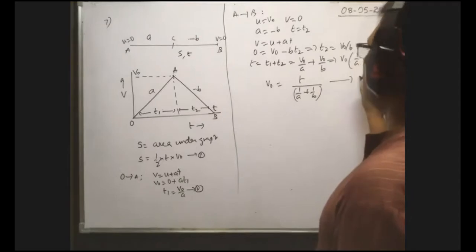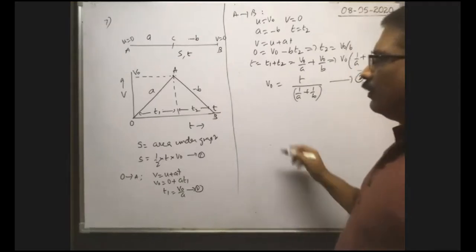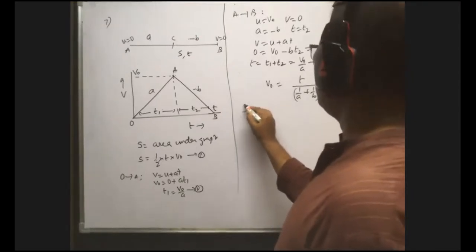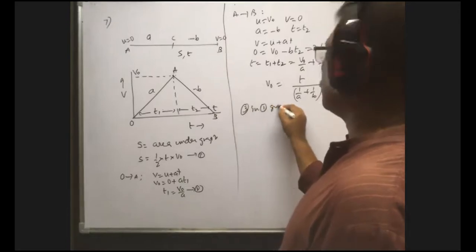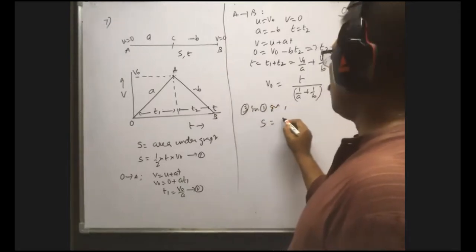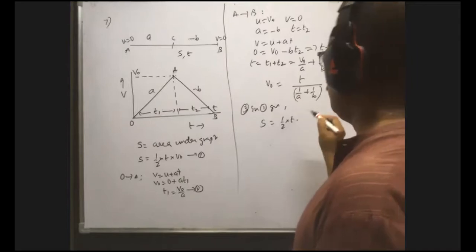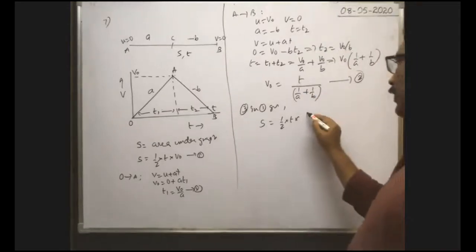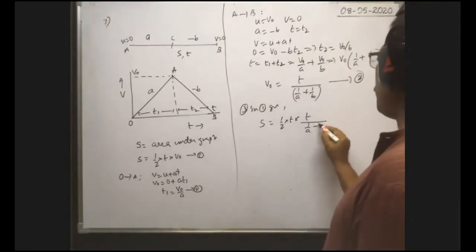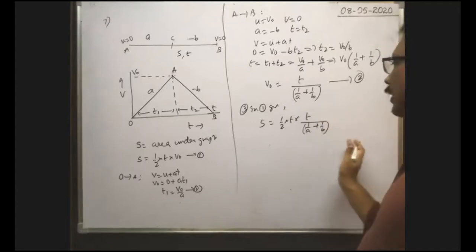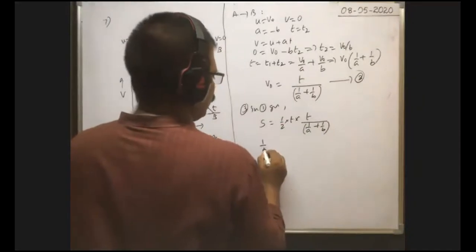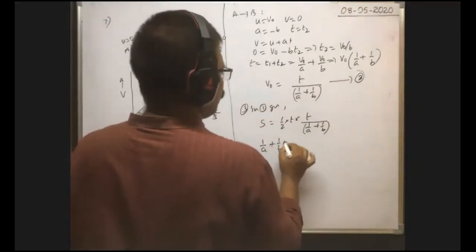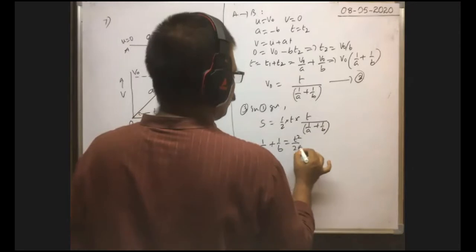This is equation 3. Now from 1, putting 3 in 1 gives S is equal to half into t into v naught, we can write this one, no? t by (1 by a plus 1 by b). Okay, you do cross multiplication. 1 by a plus 1 by b is equal to t square by 2S.